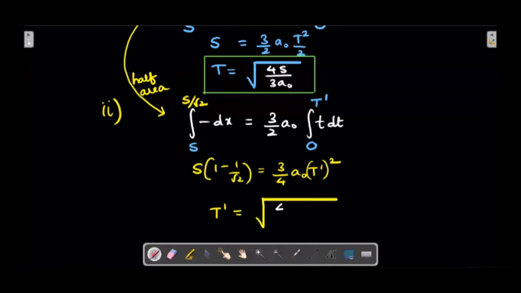So this would be 4 divided by 3 a naught with s replaced with s into 1 minus 1 by root 2. So this is your answer for half the area. This was the important part, how we integrate it. Let's go to the next one.